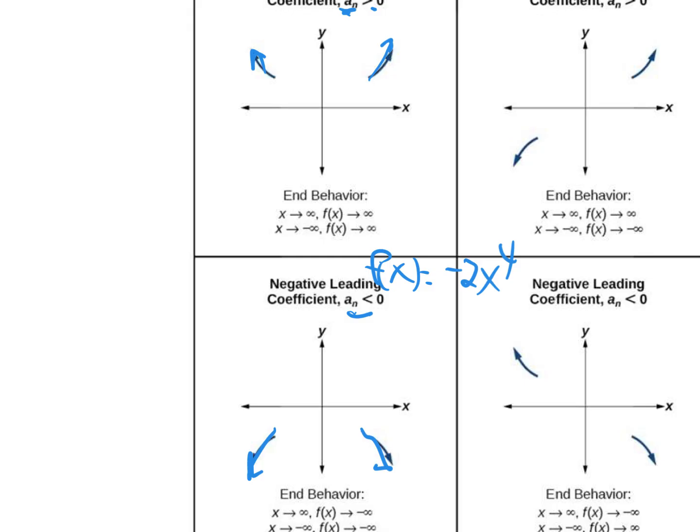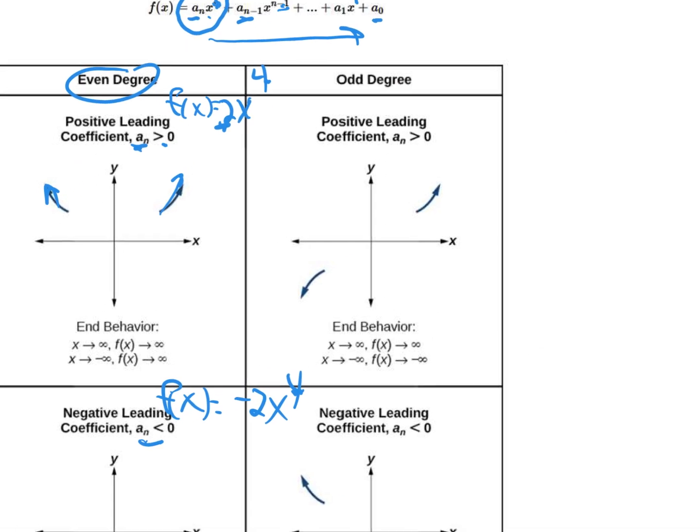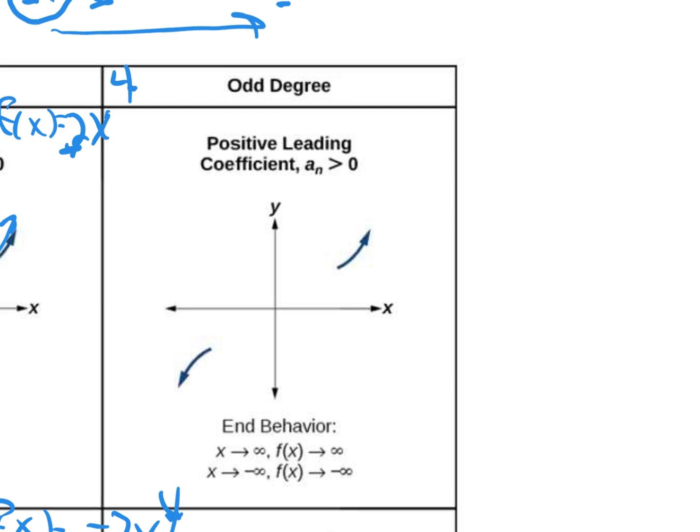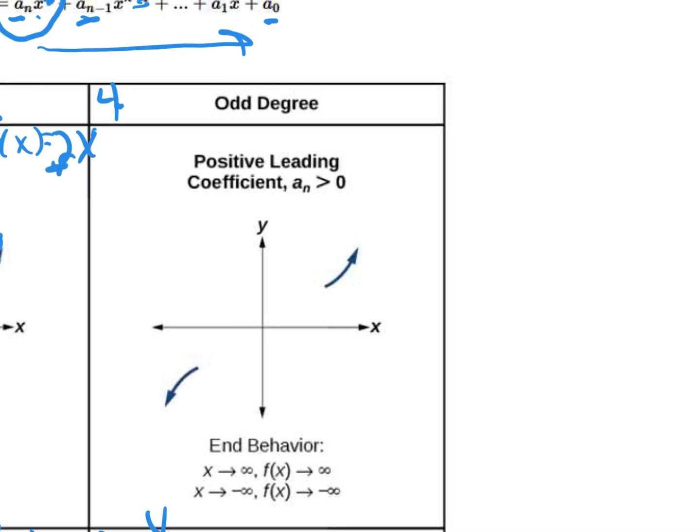So you either both go up or both go down. If it's an even exponent, the highest one's even, they do the same thing. If the exponent is odd, like a 1, which is just a line, that's silly to say it, but a 1, a 3, a 5, a 7, and so forth, one side goes up and one side goes down.